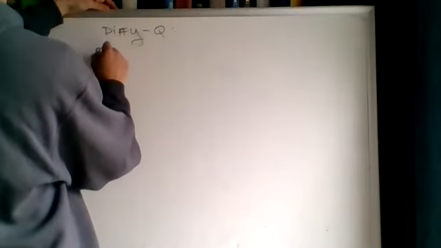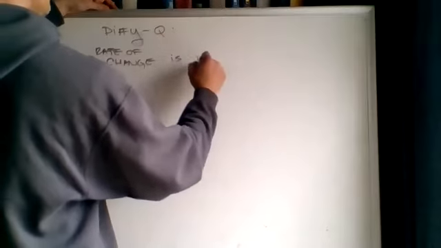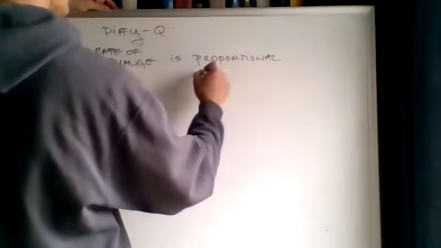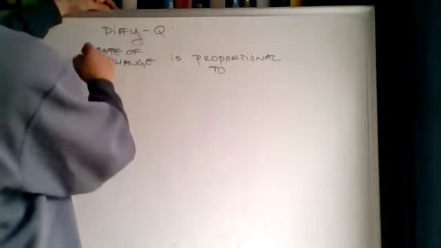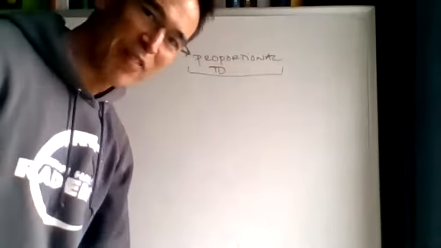Okay, so one differential equation you could have is a rate of change is proportional to, okay, the rate of change is proportional to the amount of stuff there is.